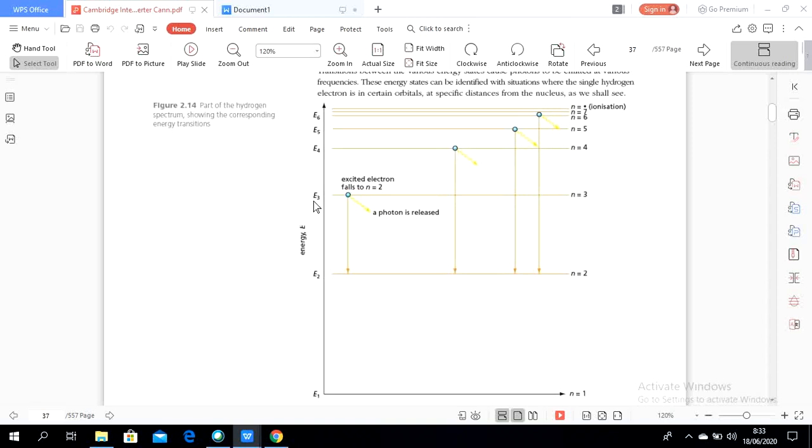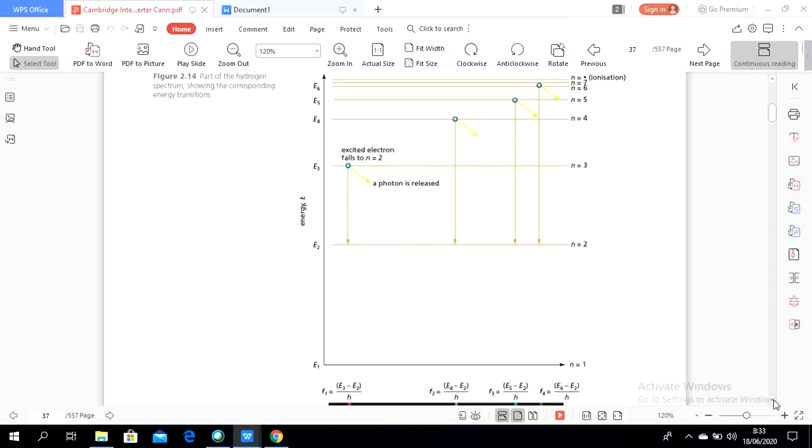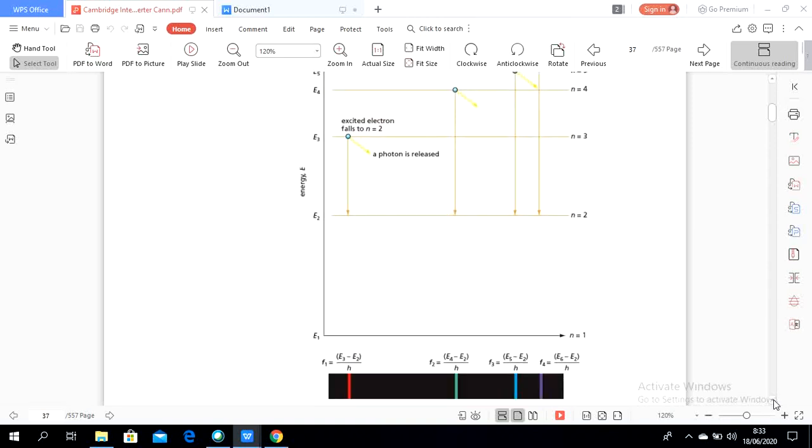This is the energy level 2, 3, 4, 5, 6. It is not necessary for us to know the exact amount of energy. We need to know that there is E1, E2, E3, E4, E5 and E6, and the electron can move between them. When the electron is moving, it can gain energy or lose energy.